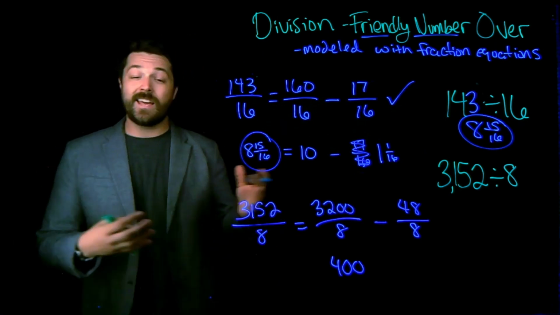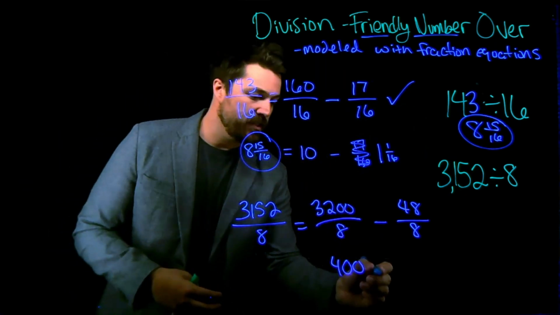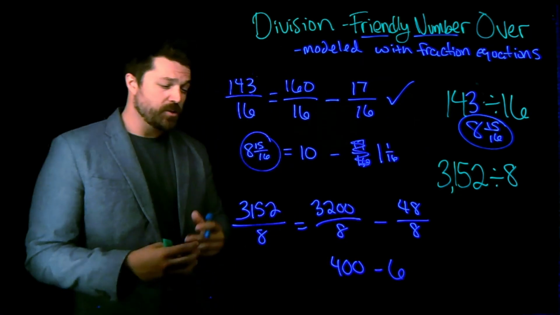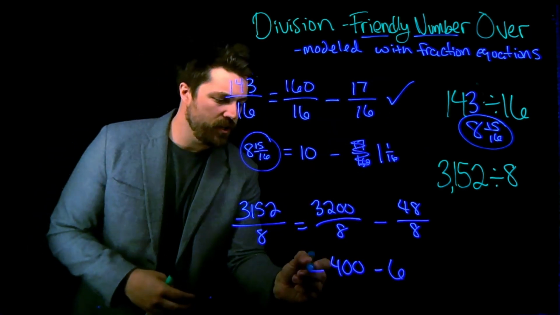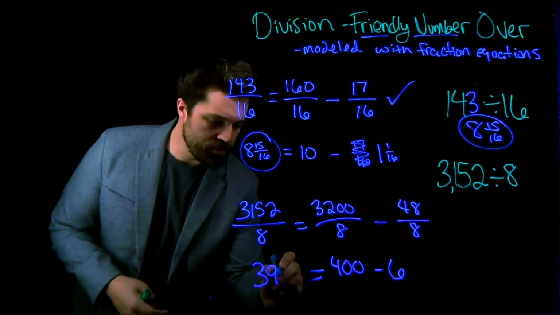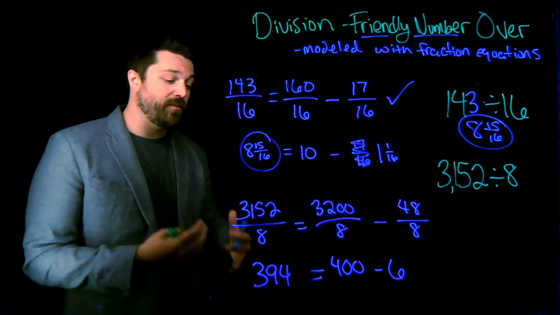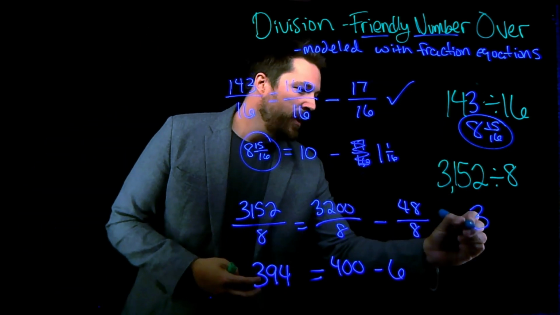So if I can take away 48/8, which simplifies to 6, so I just take 6 away from that 400, and that gives me my quotient, 394.